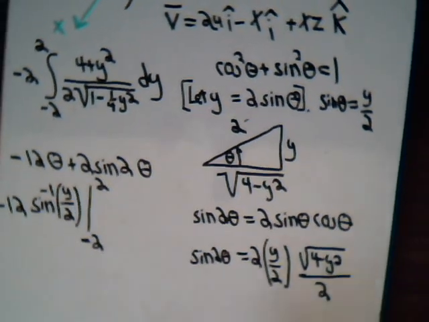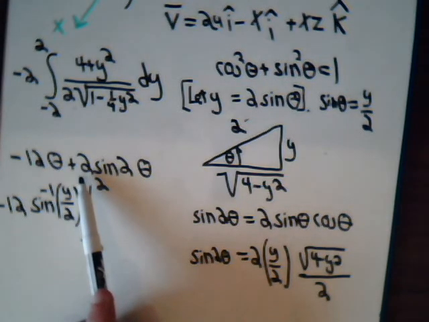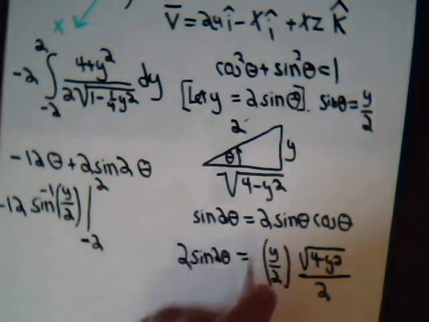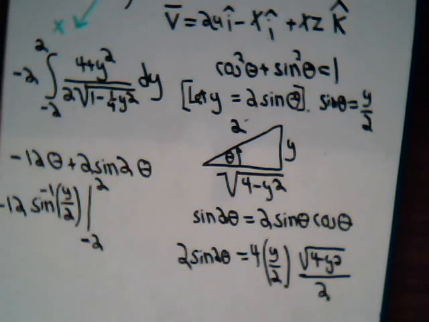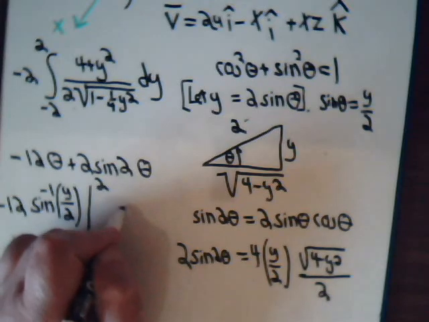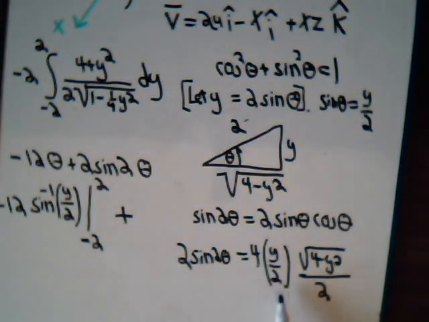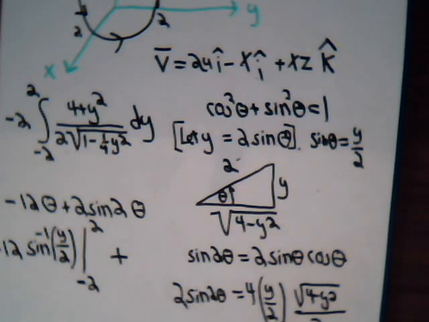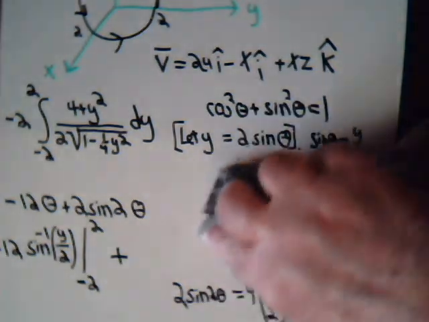Now from our expression, we have 2 times the sine of 2 theta. So multiply this by 2, this becomes a 4. So the sine of 2 theta is equal to this expression. So we have plus 4 times y over 2 times the square root of 4 minus y squared over 2. And we're going to write this right here after we erase some things and make some room. So let's see. I'm going to erase this.